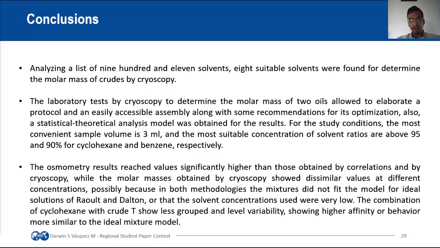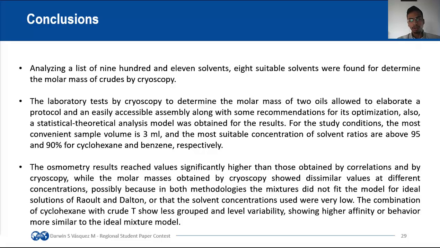The osmometry results reach values significantly higher than those obtained by correlation and cryoscopy, while the molar masses obtained by cryoscopy showed similar values at different concentrations, possibly because in both methodologies the mixture didn't fit the model for ideal solutions, or the solvent concentrations used were very low.